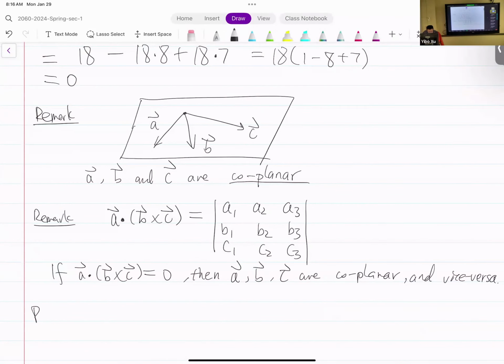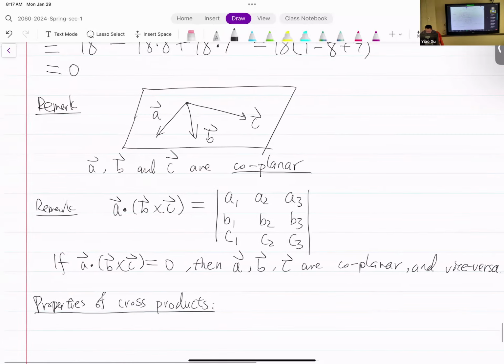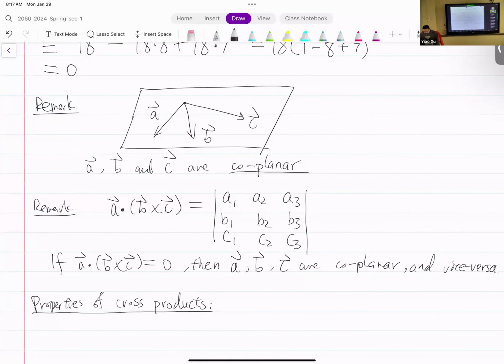So there are some other properties of the cross product. In this section, I would like to mention that we have the geometric perspective, saying the cross product is the vector that is perpendicular to the original two vectors, and then the magnitude is a certain value, right?